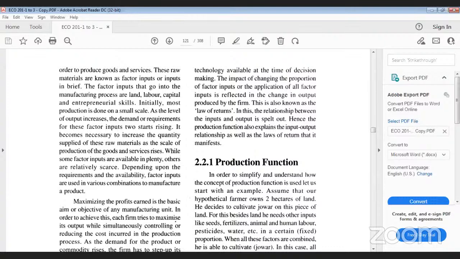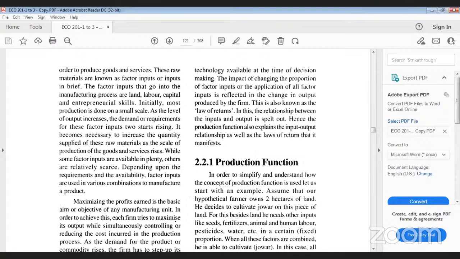The raw materials are known as factor inputs, or inputs in brief. The factor inputs that go into the manufacturing process are land, labor, capital, and entrepreneurial skills. Initially, most production is done on a small scale.